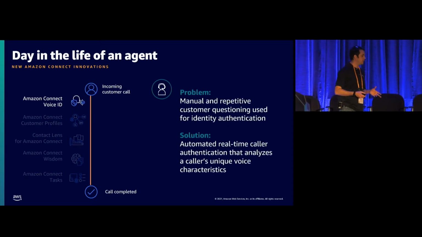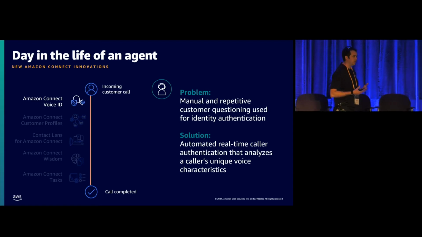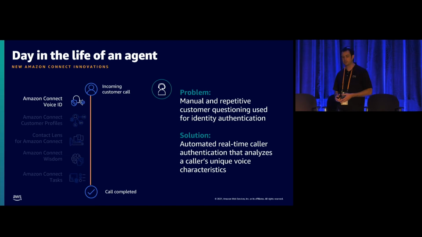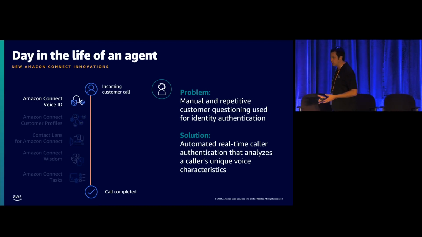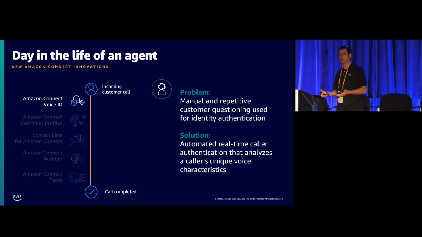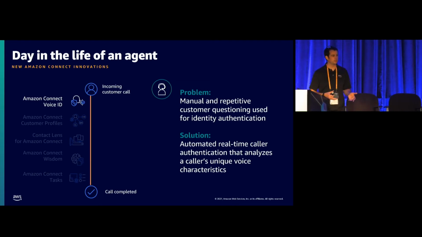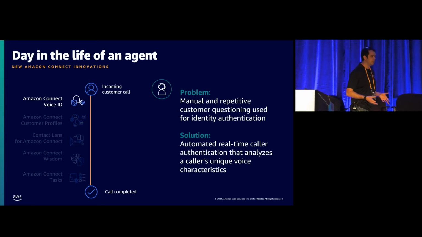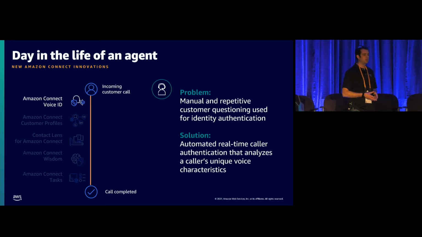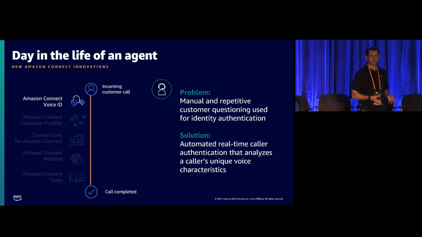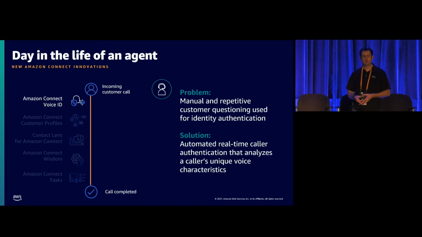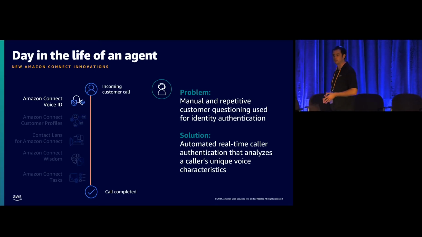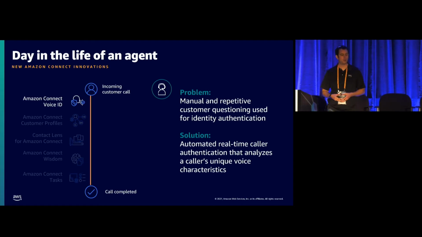Now, one of the things I mentioned was having to manually verify our customers to do things like password resets. And that includes asking questions like, what's your date of birth? Or what's your social security number? With Amazon Connect Voice ID, we can provide real-time authentication using machine learning to verify genuine customers based off of the characteristics of their voice, things like tone or pitch.